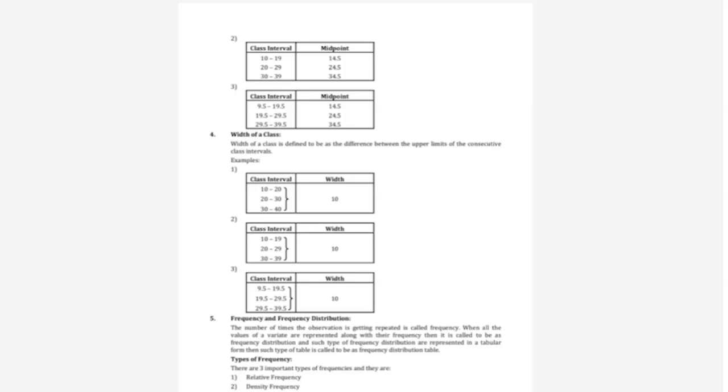And your options are A, true; B, false; C, partially true and partially false; D, none of these.